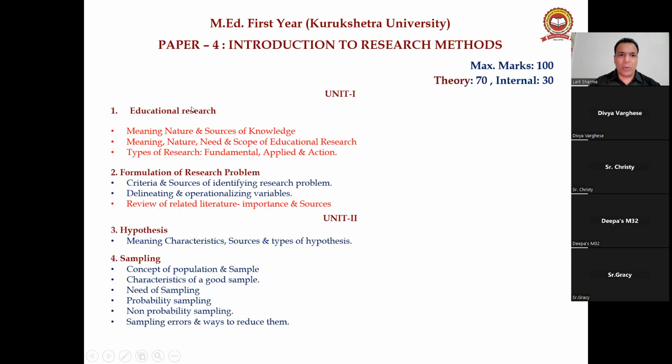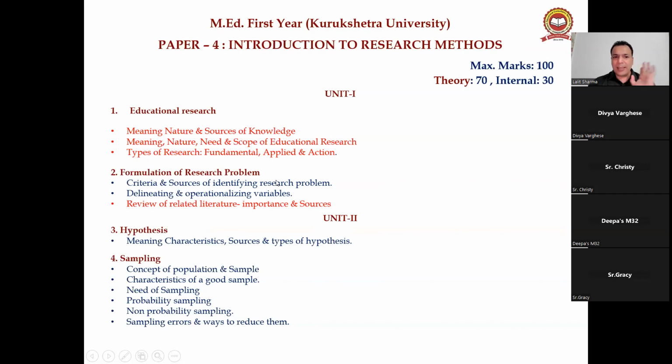And under paper 4, this is the introduction to research methods, right? We have already finished unit 1: research, types of research, all the 3 types of research. And the last lecture was the review of related literature. Okay. So today I'm discussing this one, research problems.